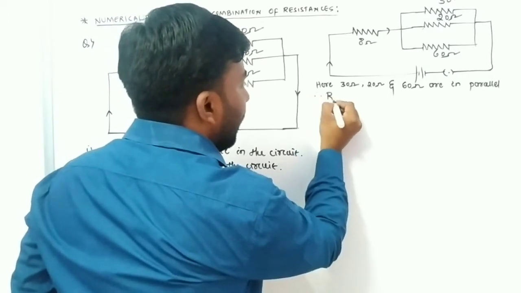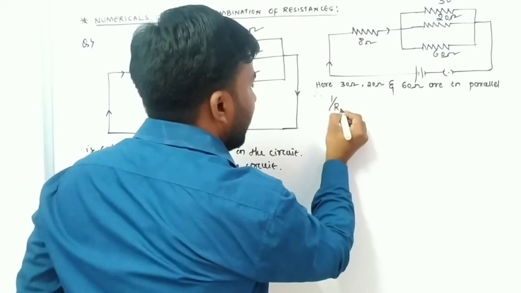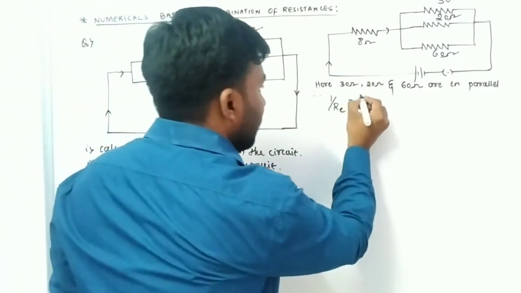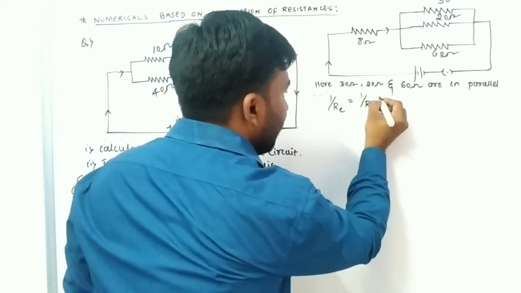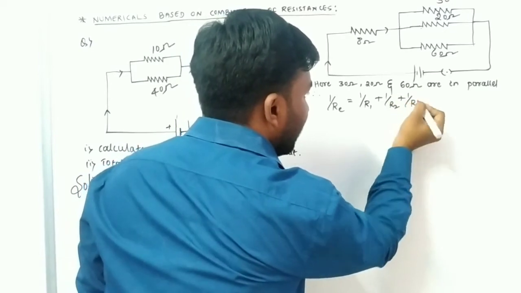Therefore, 1 by R equivalent, because here we have three resistors, is equal to 1 by R1 plus 1 by R2 plus 1 by R3.